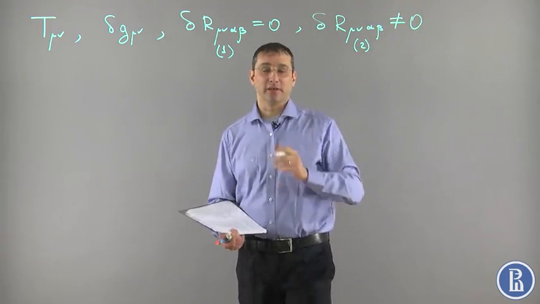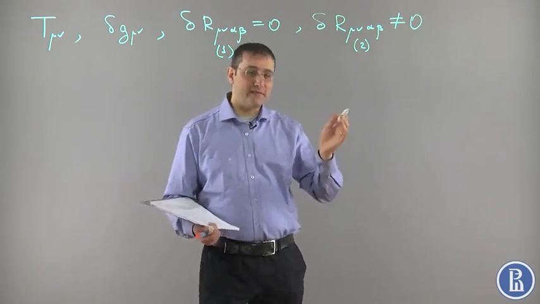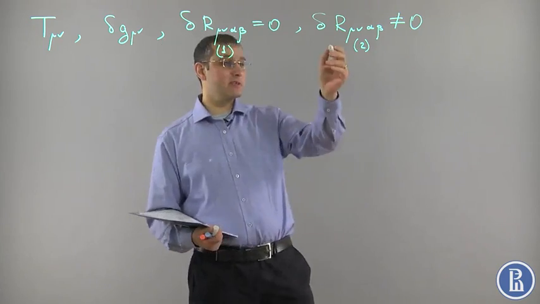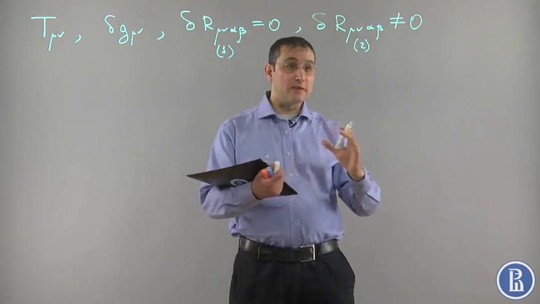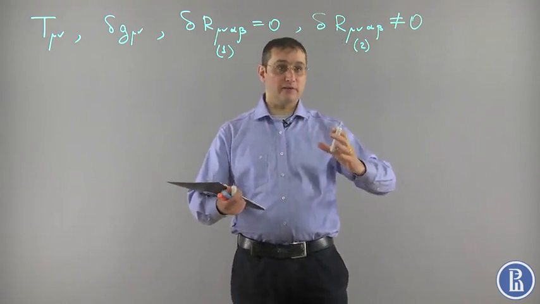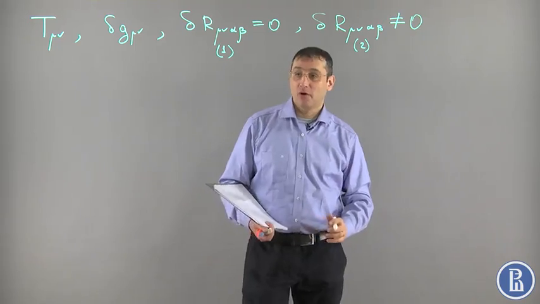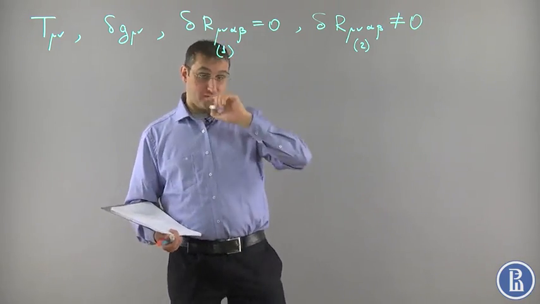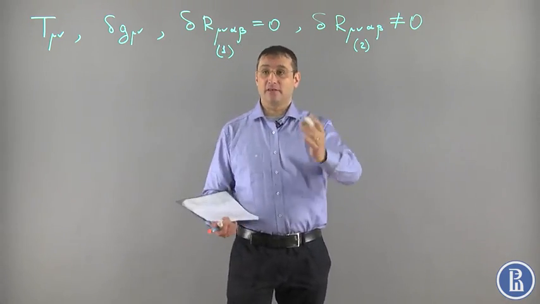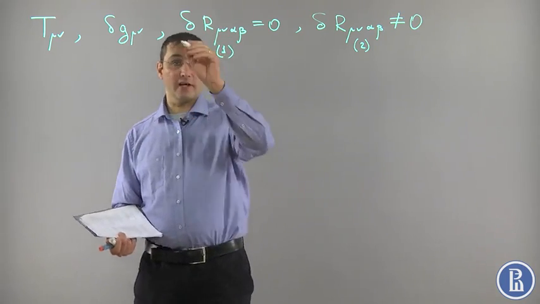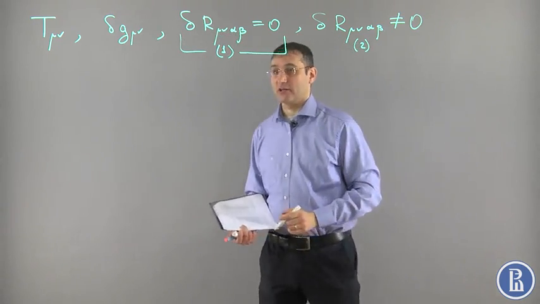These variations are physical, and those are unphysical. Physical means that these variations of the metric change the space-time itself. They curve it, change the curvature, change the distances between different points in space-time. While the other variation just corresponds to the change of the reference frames, of the coordinate nets in the space-time. So this variation is unphysical. It doesn't change the space-time.